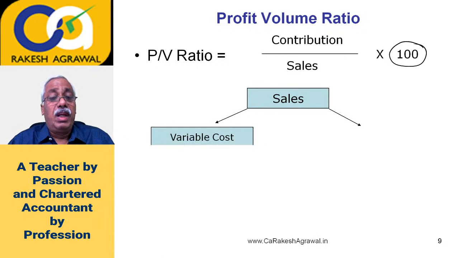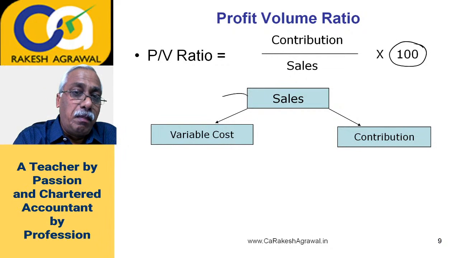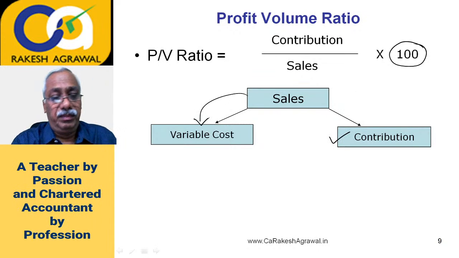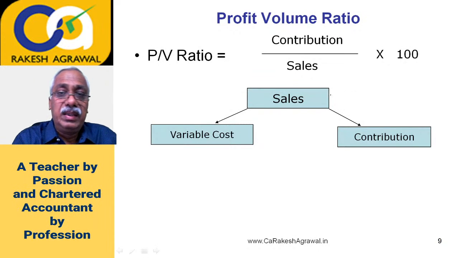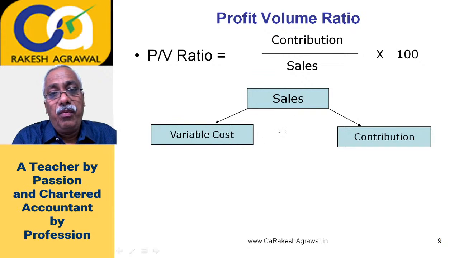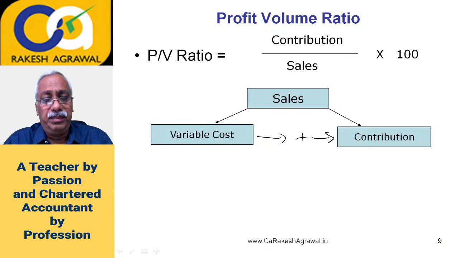Now check. We divide sales into two parts. See, sales minus variable cost will be equal to contribution, or sales minus contribution will be variable cost, or variable cost plus contribution is equal to sales. That you know now, right?